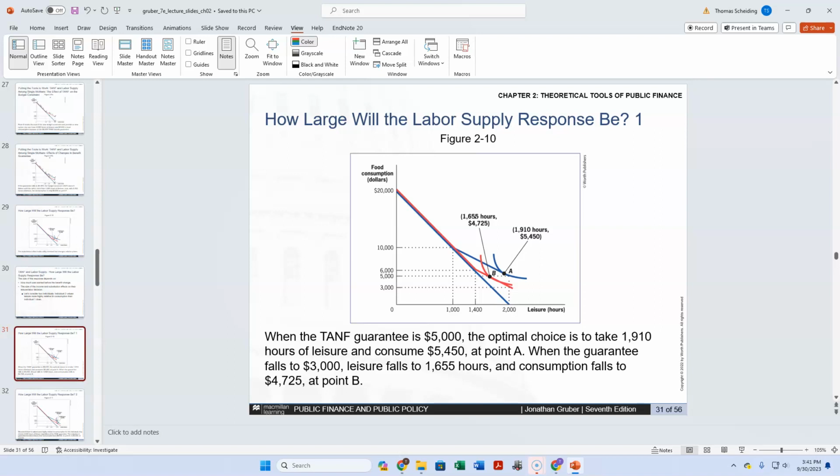But because the TANF benefit is now lower, my total income is now lower, $4,725. So people at point B are now working more and getting less than they were at point A.